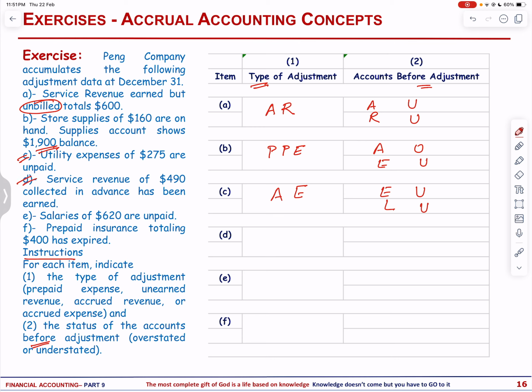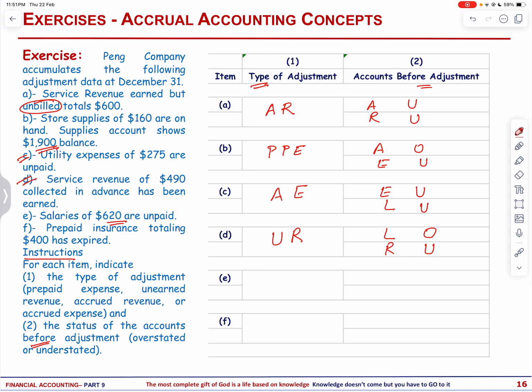We move on to number D. Service revenue of 490 collected in advance has been earned. So this is unearned revenue, and the liabilities are overstated and revenue is understated. Number E, salaries of 620 are unpaid.